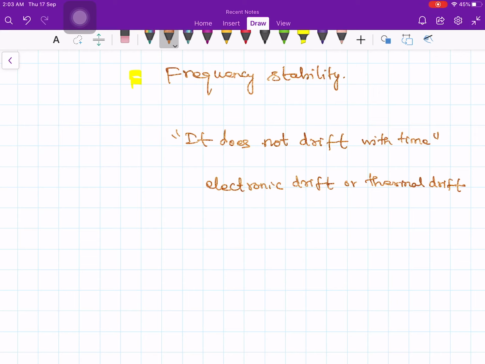There can be variations in the properties of the circuit, and one of the properties that one has to worry about in oscillators is the frequency of oscillation as a result of these drifts. For example, as I mentioned earlier, the frequency of oscillation typically depends on the resonant circuit L and C, that is, the R, L, C components.